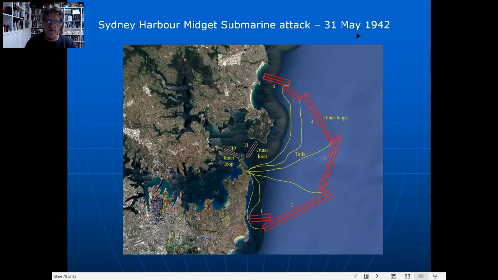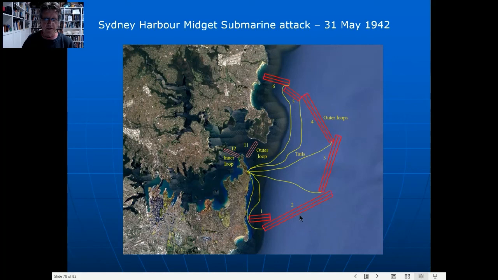But on the night of the 31st of May 1942, there were 5 or so Japanese submarines, big ones, well over 100 metres long. Now they would have been detected by loops easily, but they had midget submarines which are only maybe 25 metres long. Now a couple of these loops were out of action, and they didn't have enough watchkeepers anyway because of the manning problems in the war.